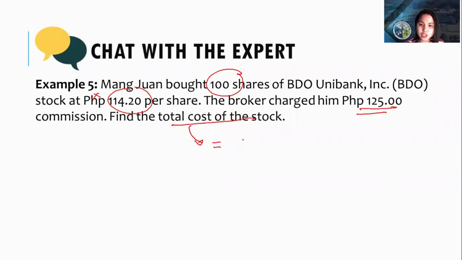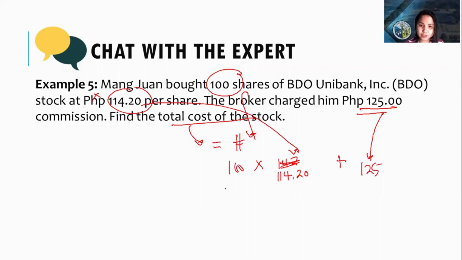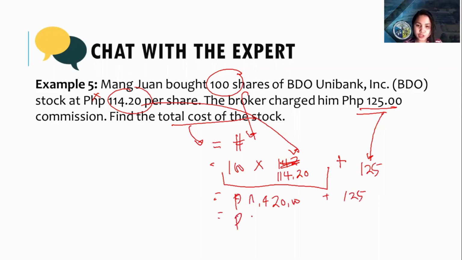It will be the number of shares, 100, multiplied by the price per share, 114.20, then you add the brokerage fee, the 125 pesos. So for the shares alone, Mang Juan paid 11,420 pesos. You add the brokerage fee of 125, so you'll get 11,545 pesos. That is the total cost of the stock.